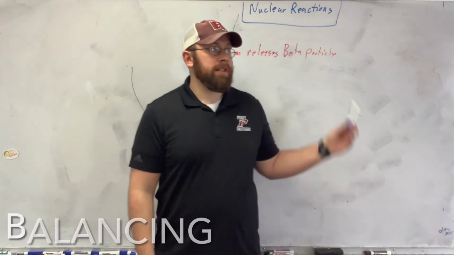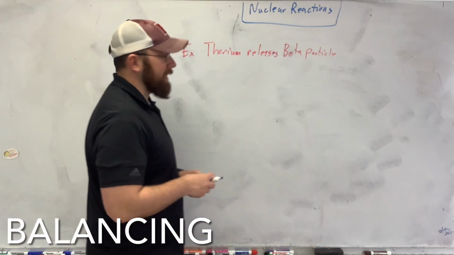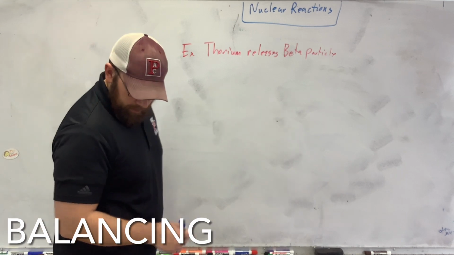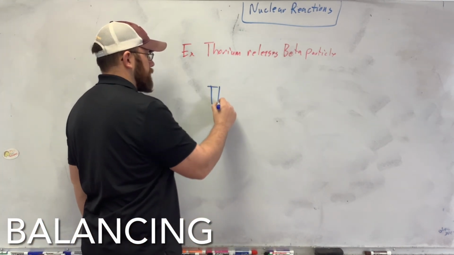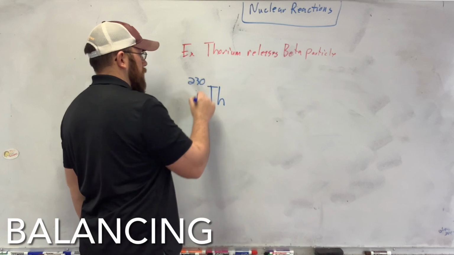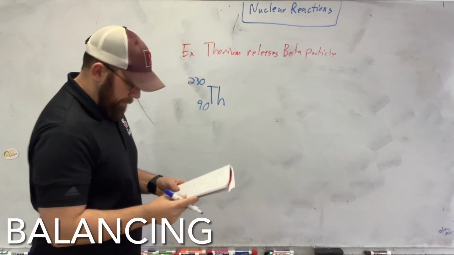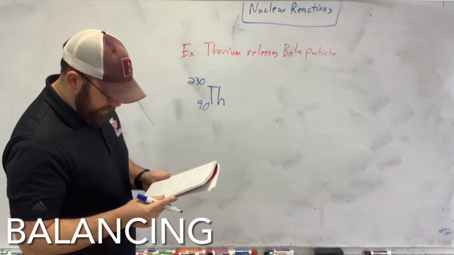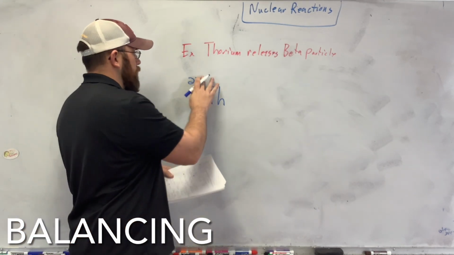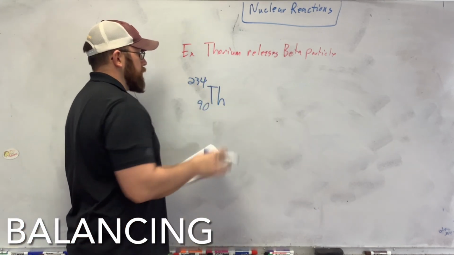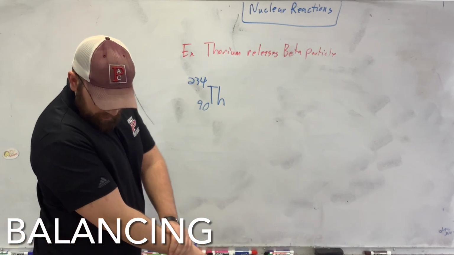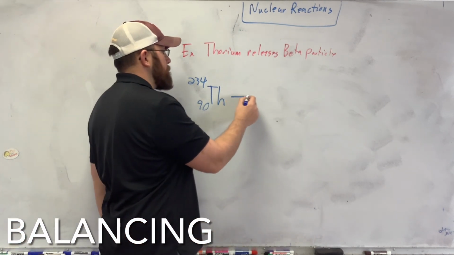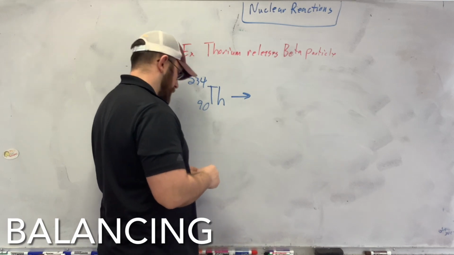All right, here's our first example. So thorium releases a beta particle. So thorium has an atomic mass of 234, and an atomic number of 90, and you're doing a beta decay.